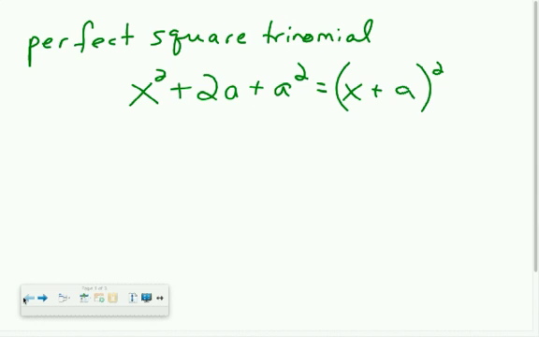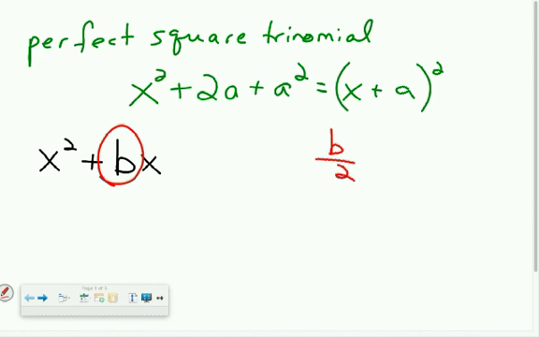Okay, so in algebra, hopefully, maybe not, but we can hope, a trick that might have been shared with you is if you have an expression like x² + bx, you take this number, divide it by 2, and square it, and that's the value that you want to add to that expression so that it can be rewritten as a perfect square trinomial.